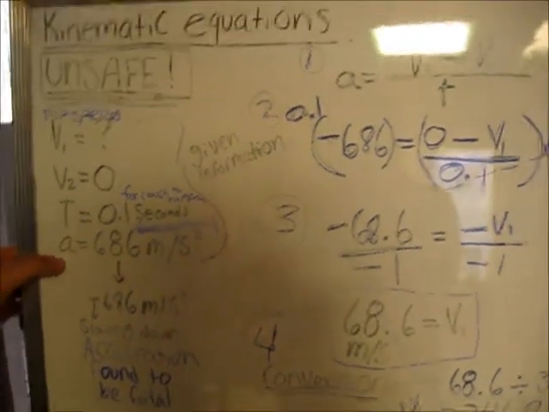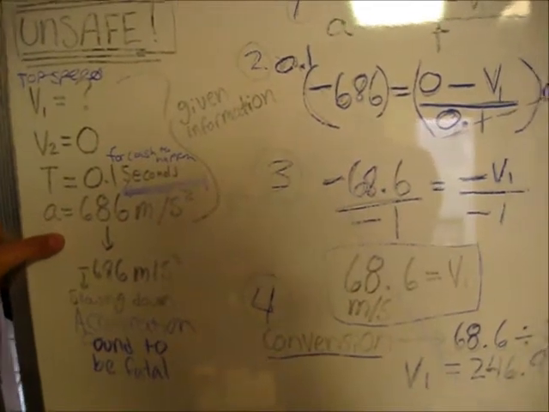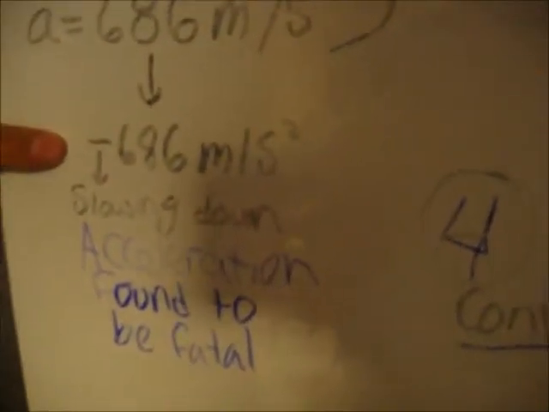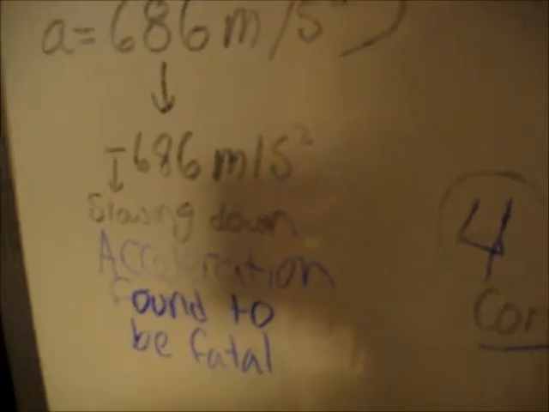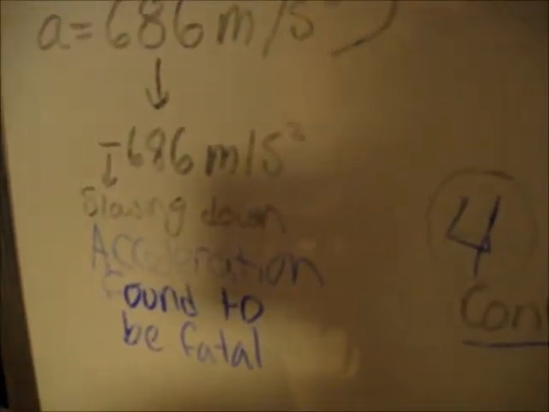And A is the acceleration, which is 686 meters per second squared. We have to put a negative in front of the 686 meters per second squared to show that it's slowing down. It is accelerating negatively.